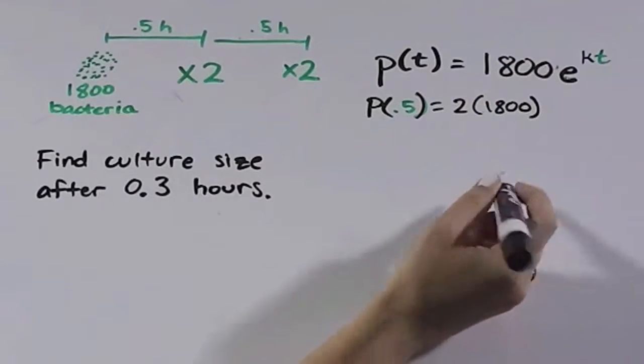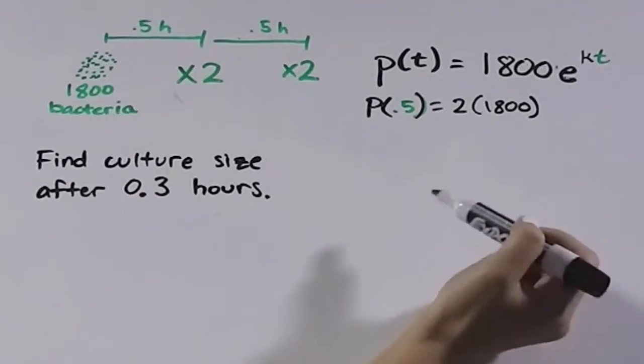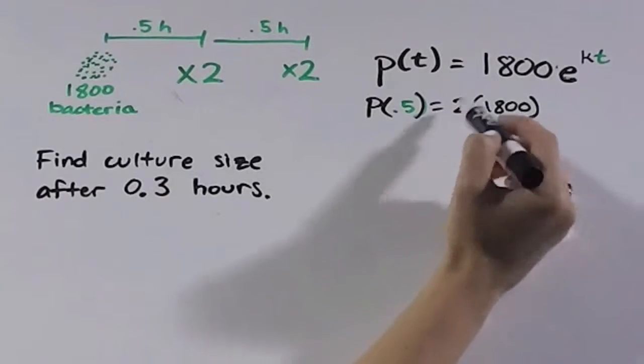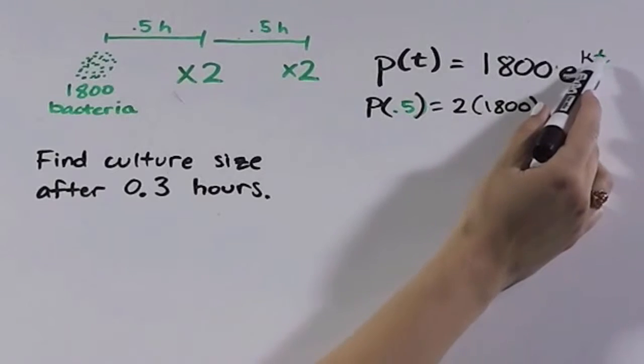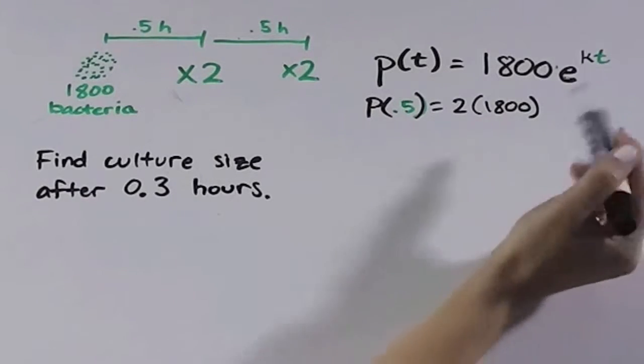Isn't that true? If this doubles every half hour, then there goes a half hour, and it's doubled. Then we can use that equaling to 1800 e to the k half an hour there. And that way we can solve for k. So let's do that.